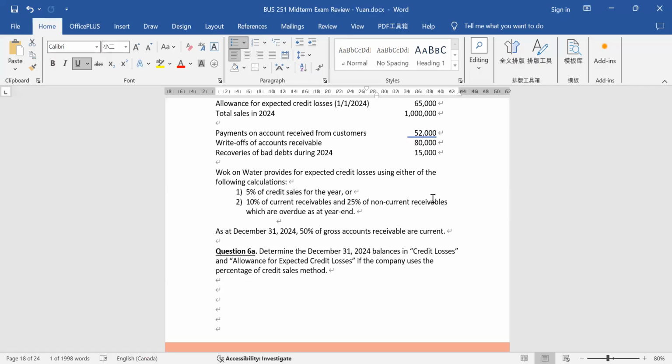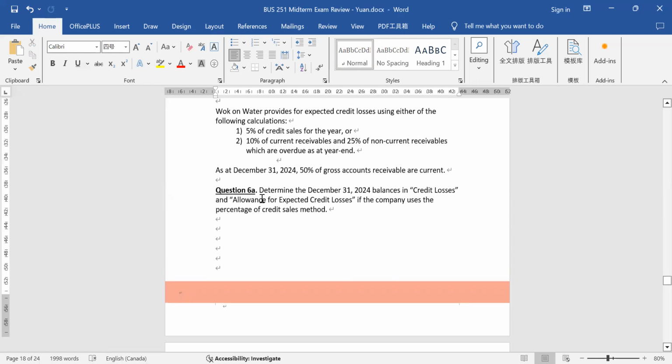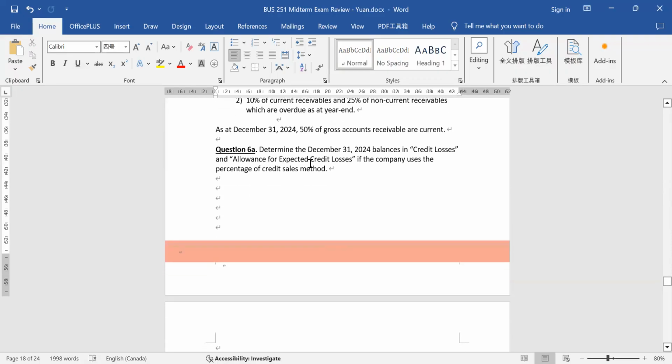So we can know that the first one is actually using the credit sales method, and for the second one we have to use the aging method. As at December 31, 50% of gross accounts receivable are current. And question 6A: determine the December 31, 2024 balance in credit losses and allowance for expected credit losses if the company used the percentage of credit sales method.